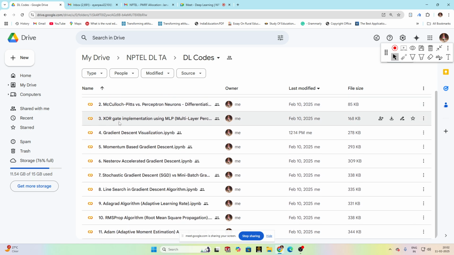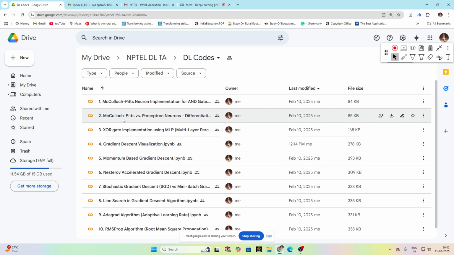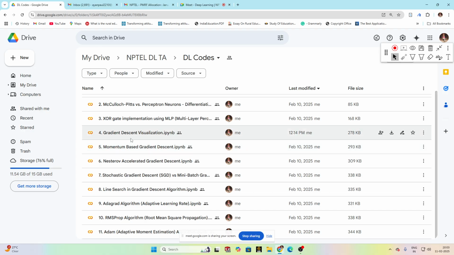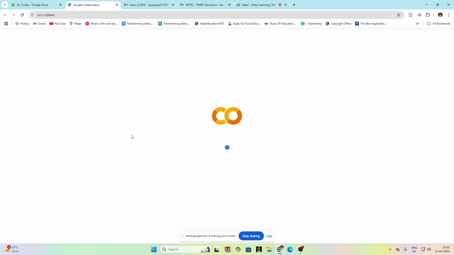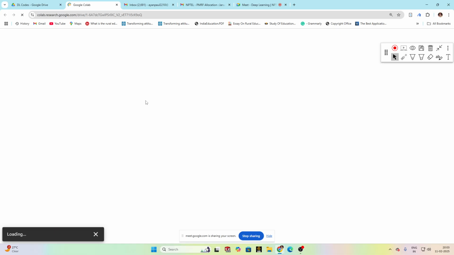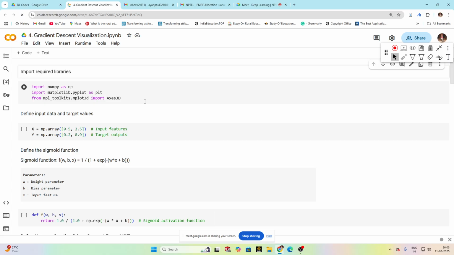But what I have done is, for each topic that has been discussed, I have prepared a separate folder and included code for each thing. Like if I just open this gradient descent visualization, I have provided the code for you. You can just copy it to your drive, run it and see your code running.